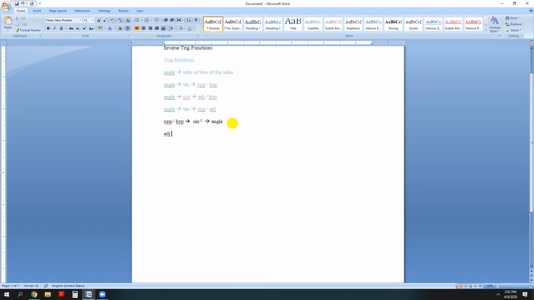If you give the adjacent over the hypotenuse, looking back up here, we see that the adjacent over the hypotenuse is related to cosine. So we're just going to give that to inverse cosine.